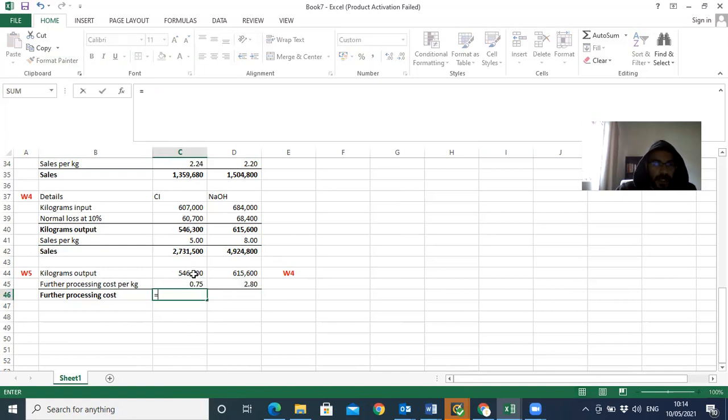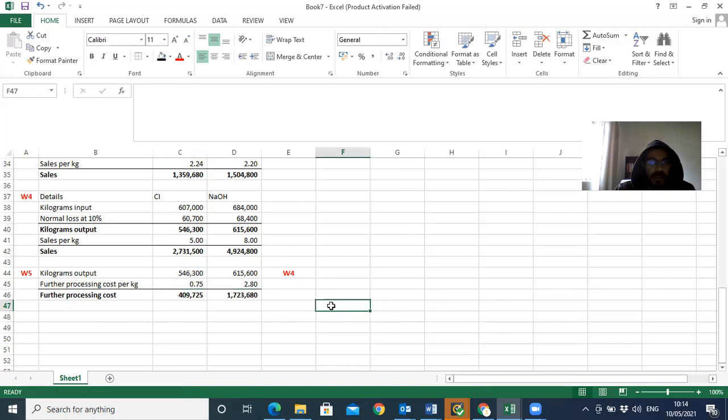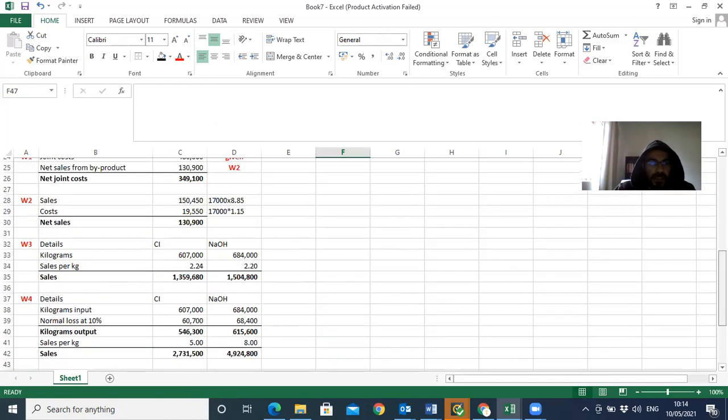So it's going to be that multiplied by 75, and that over there equal that multiplied by 75, and then that multiplied, there we go. So now we can go plug it in.